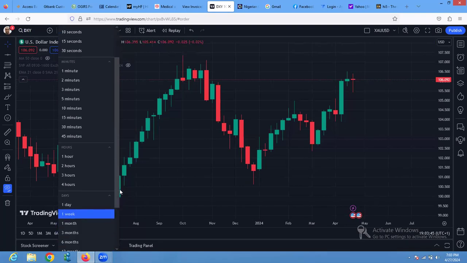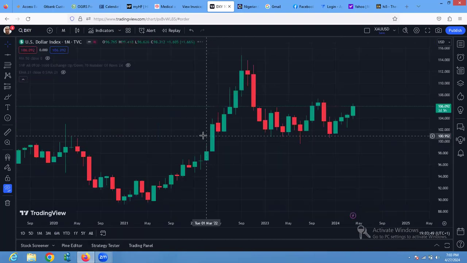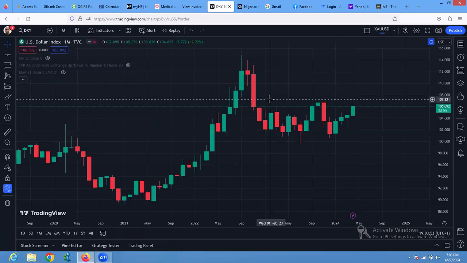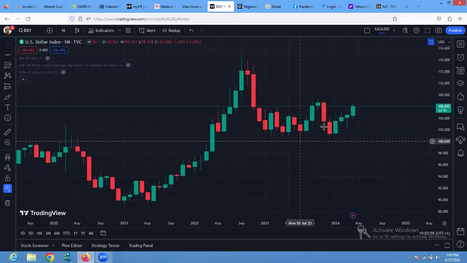I'm going to dwell more on euro dollar. Now, looking at this time frame, since we know that it's likely going to break the top one more time, this probably is not complete yet, almost complete.